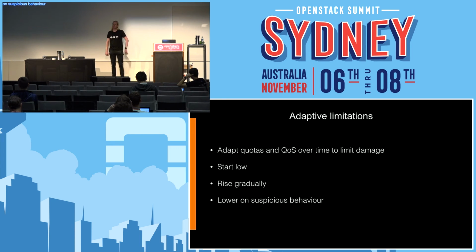It might be a long time without any abuse reports, or a bill is paid, or other things that signal that this is a legitimate account. You can also go the other way around and lower the quotas and the quality of service if you see some kind of suspicious behavior. Of course, this is to limit the possibility for the customer to do damage, either through using excessive amounts of resources or by using very much resources without intending to pay for them.